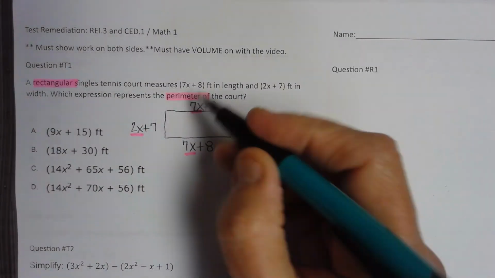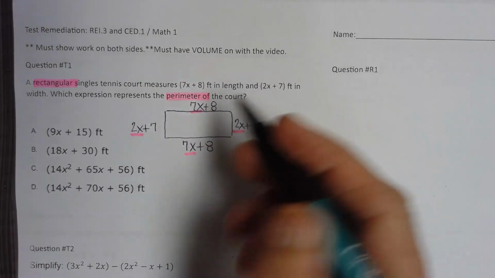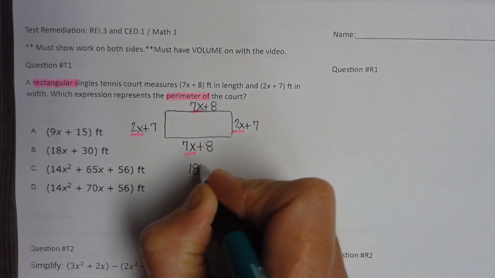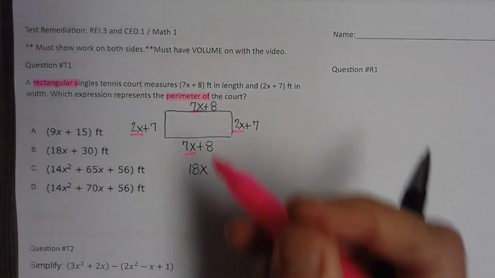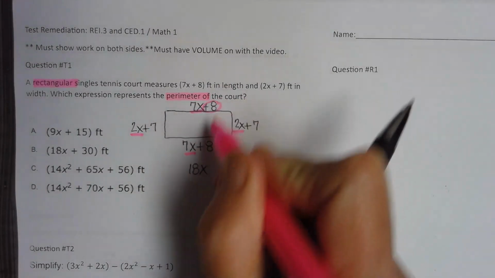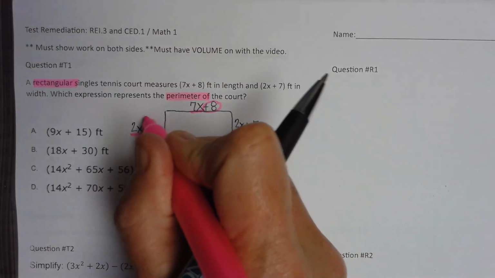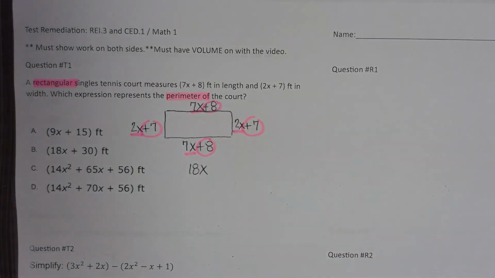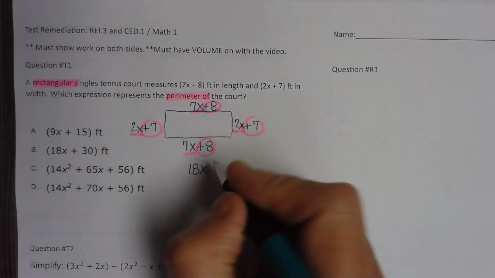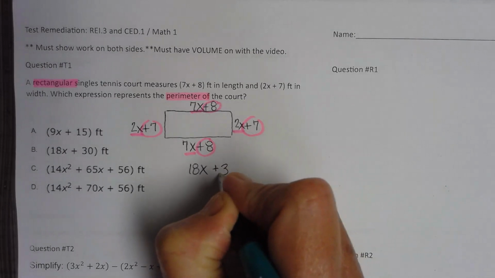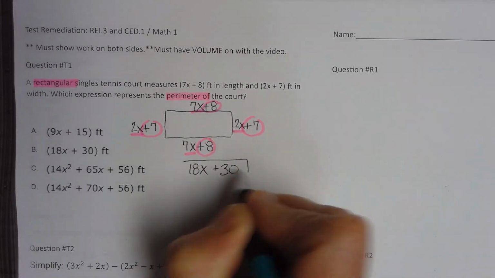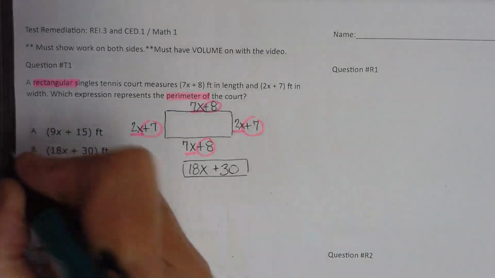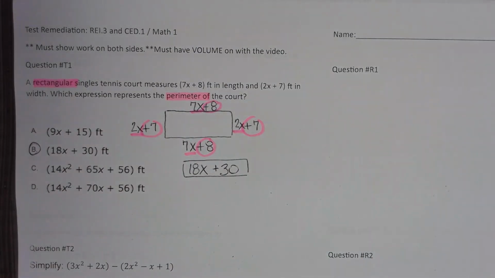So that's 7, 14, 16, 18x. And then we're going to combine our constants. We've got an 8 and an 8 and a 7 and a 7. So that's 16 and 14, which is 30. So your answer is B.